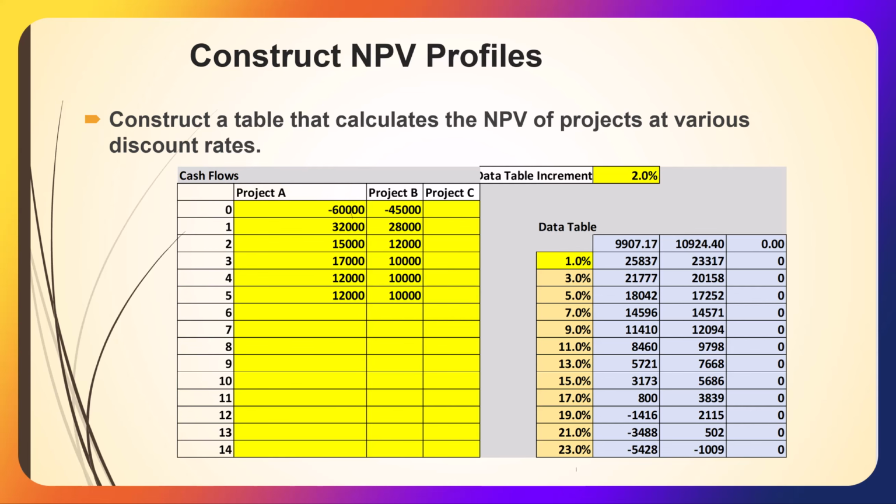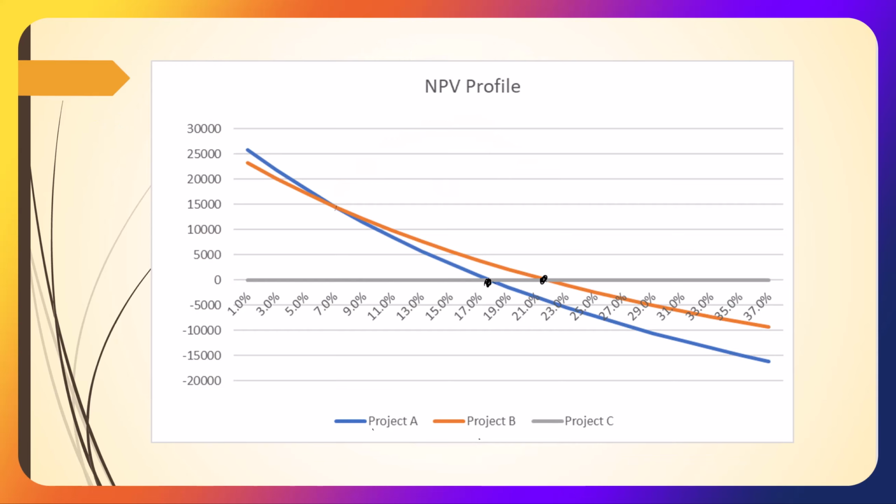So if we put this in a graph, what we can see is the two lines, blue is A, project B is the orange color here. Where these lines cross the zero axis, that designates the actual internal rate of return.